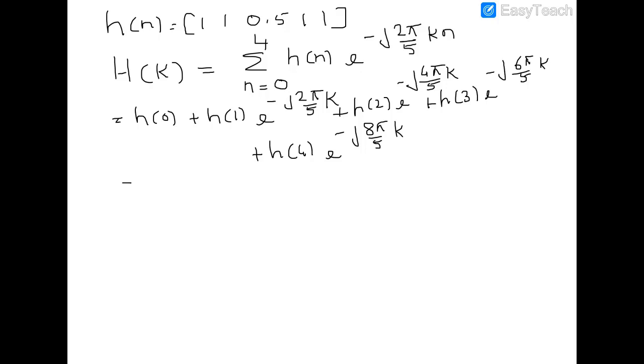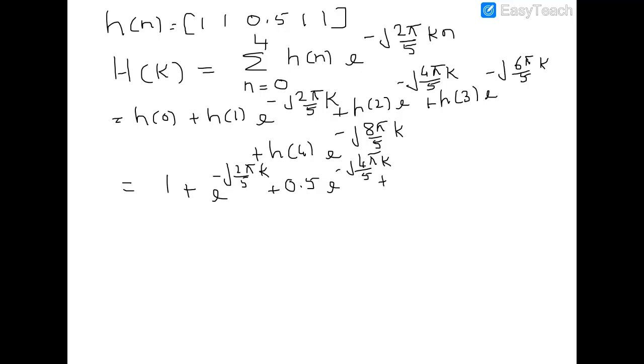H of 0 is 1, h of 1 is 1, so we get e to the power minus j 2 pi by 5 k. H of 2 is 0.5, e to the power minus j 4 pi by 5 k.